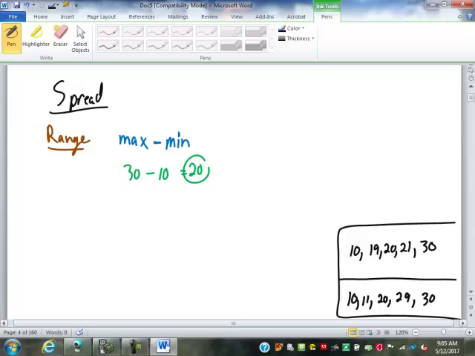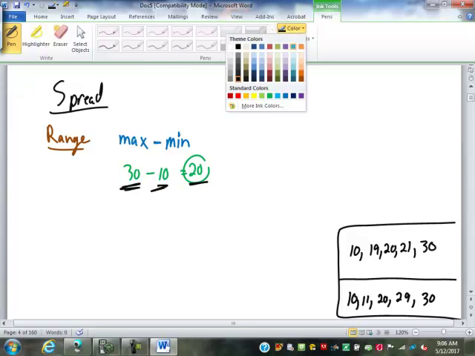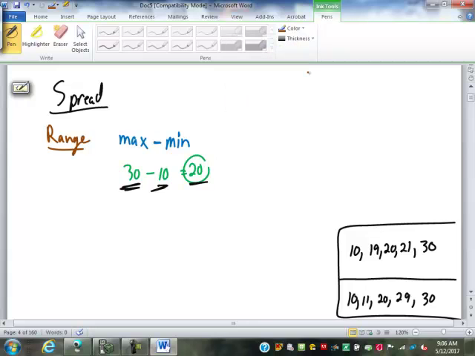But if I calculated the range, the maximum is still 30, the minimum is still 10, it still has a range of 20. So the range is not good enough to discriminate between these two sets of data. So we need a better, more precise measure of spread. And what we use is called the standard deviation.